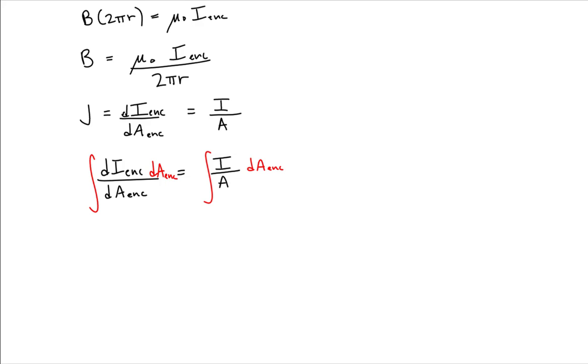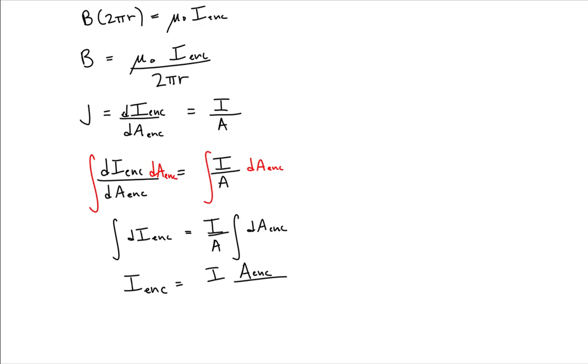When we do that, the left side is just the integral of the current enclosed, and the right side is just the integral of the area that is enclosing the current. So this means that the current that is enclosed by our Amperian loop is equal to the current times the ratio of the area of our Amperian loop over the overall area of our wire.